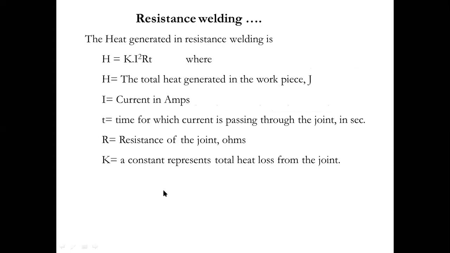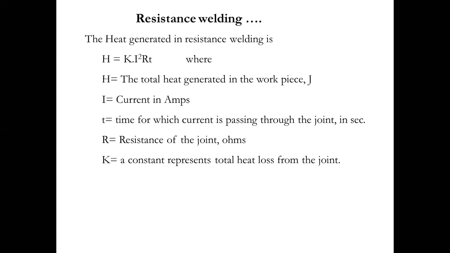So there is an equation in resistance welding. The heat generated, H, is equal to K into current in amperes squared, into resistance, into the time for the current to pass into the joint. The joint which is welded in resistance welding is called a nugget, right?